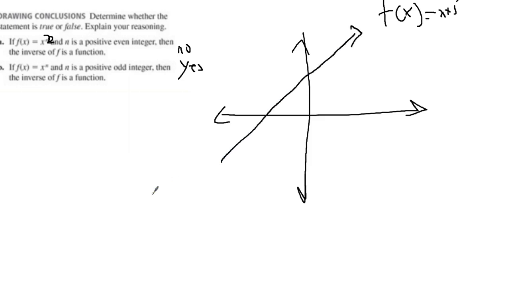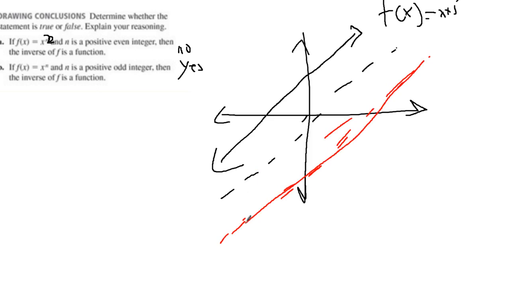There you go, right? And then when you reflect this function across the line y equals x, you will get f(x) equals x minus 5, which is still a function. Look, still a function.